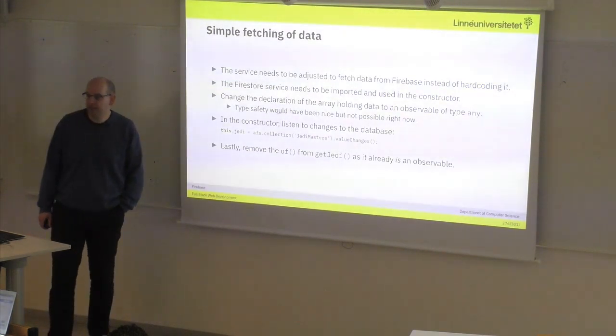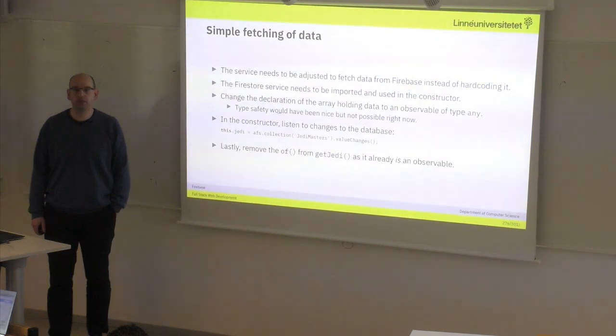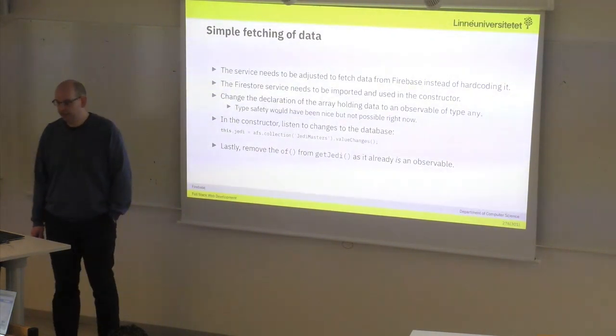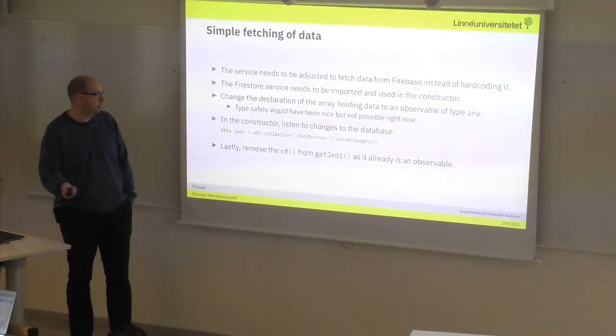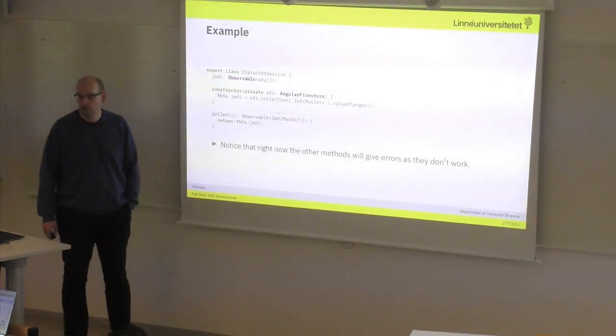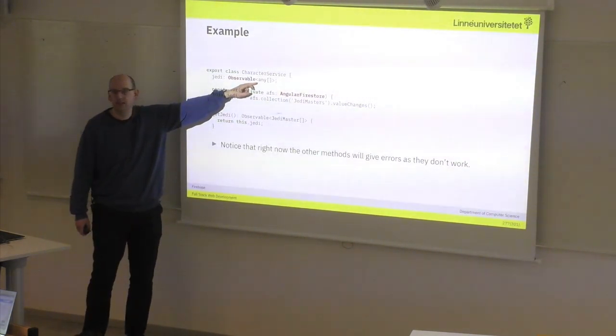Now, instead of hard coding our data, we want to fetch it from Firestore. And to do that, I actually think it's better to look at the code. What we do in our character service is that we still have a jedi, which is an observable of type any.